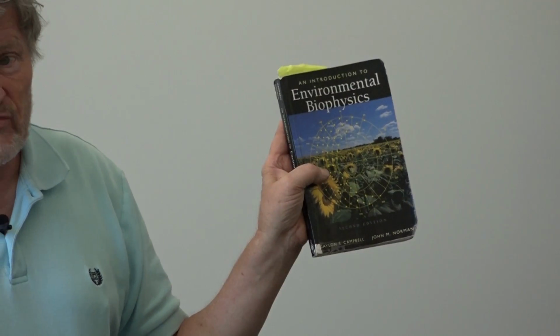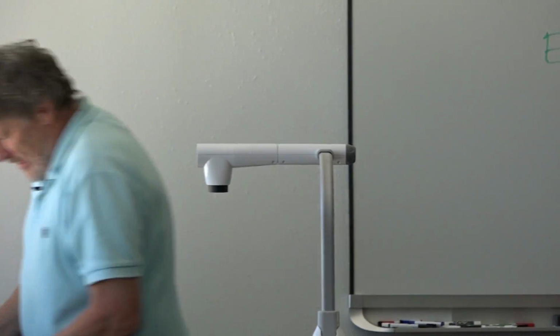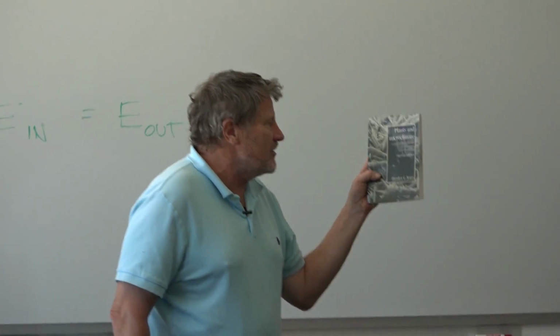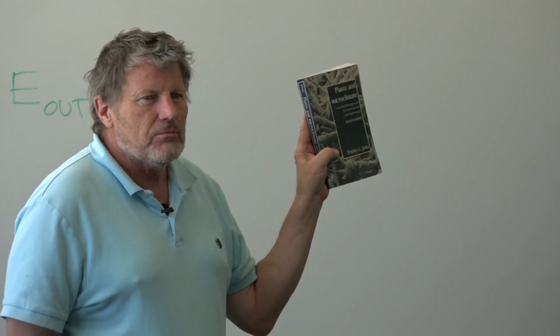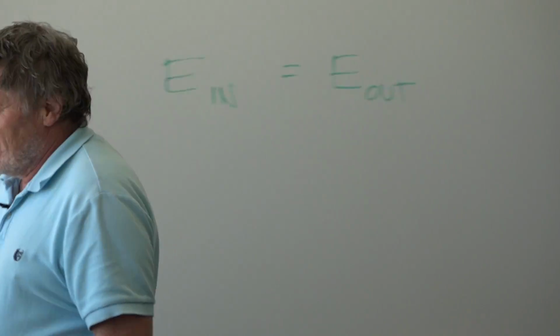This is also a good reference on these things. Hamlyn Jones, Plants and Microclimate, a Quantitative Approach to Environmental Plant Physiology. Anytime somebody puts quantitative approach in the title, some of the students go, yeah, I'm going to try to avoid that class. And the other students go, wow, this is cool, I've got to sign up for that. So it depends on how good people are with quantitative approaches.